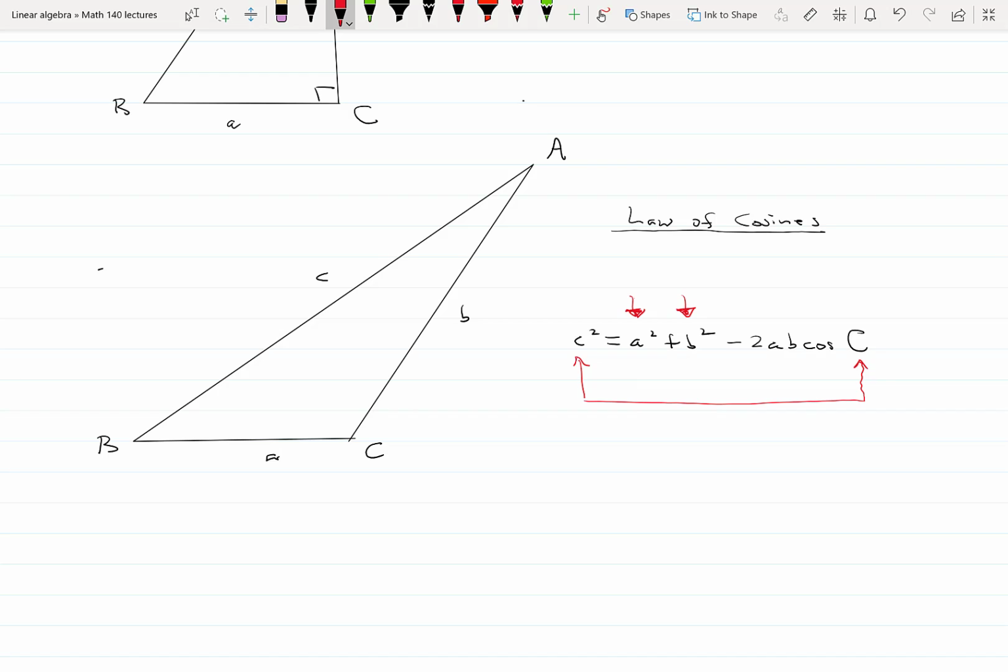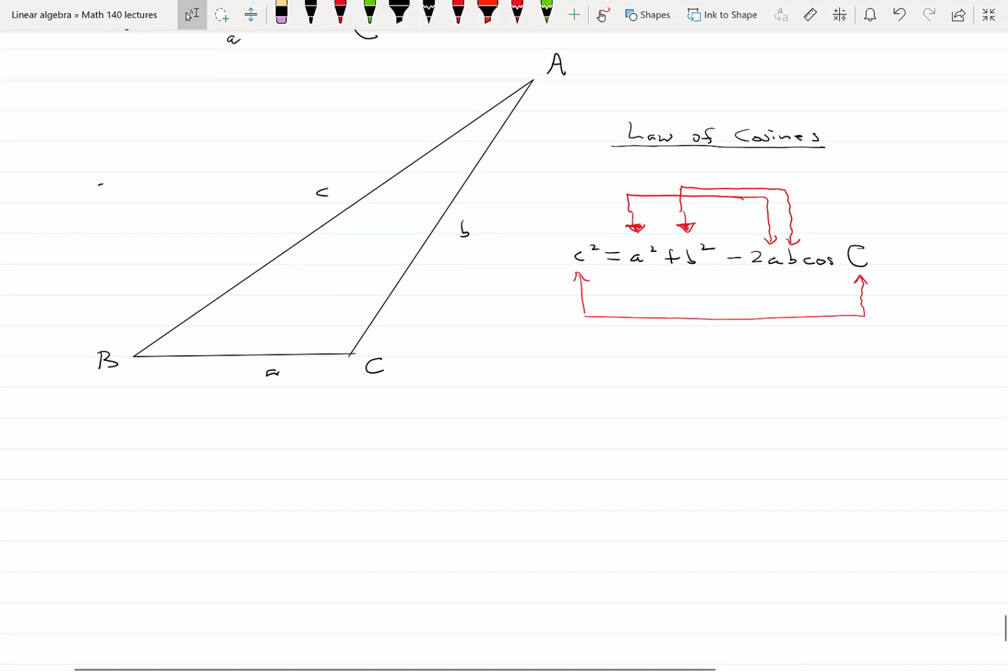Then we have that complicated minus 2ab cosine C. But notice that the 2ab is just a repeat of the variables a and b. So we start with small c, we end with capital C. The first two terms on the right are like the Pythagorean theorem, a squared plus b squared, but then you subtract 2 times a times b times the cosine of the angle C.